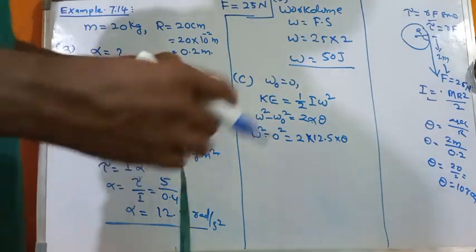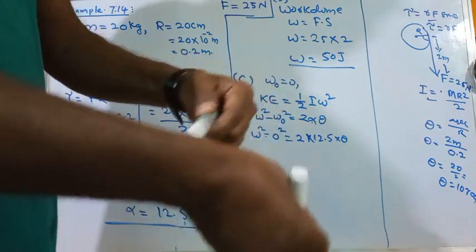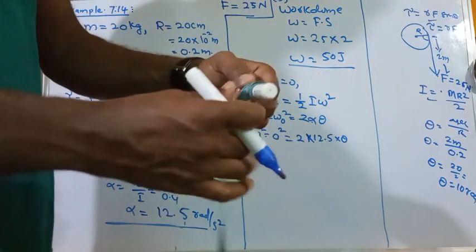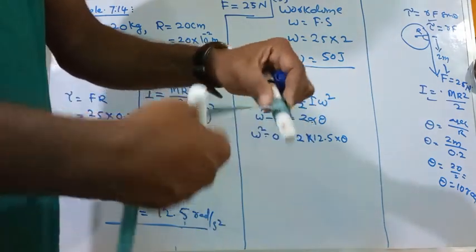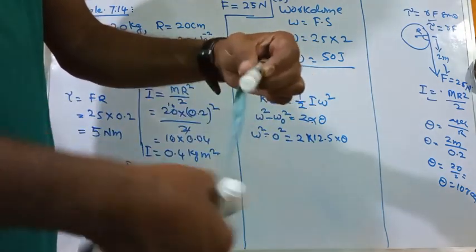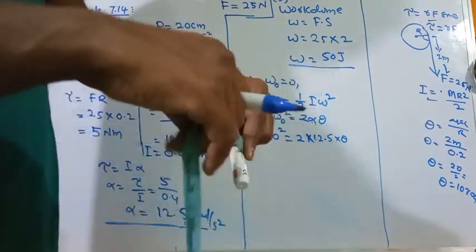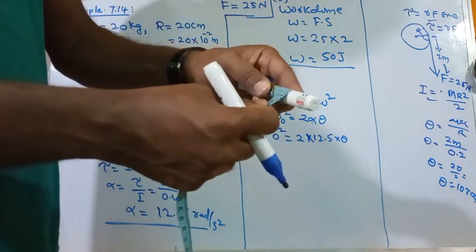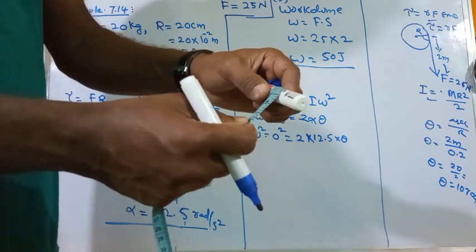Once again I will tell you: we are winding a thread like this. When we are pulling, one rotation of this winding is one revolution. While opening like this, when it completes one revolution, that is theta.